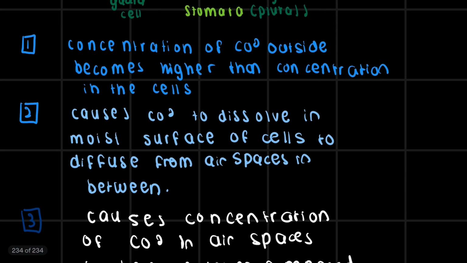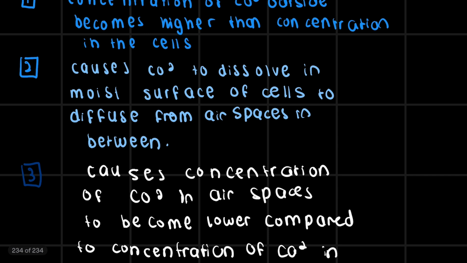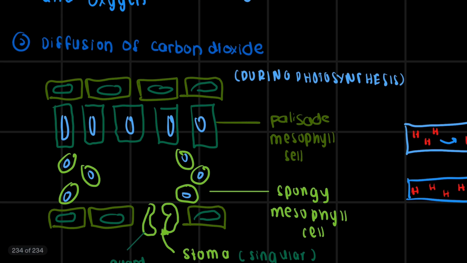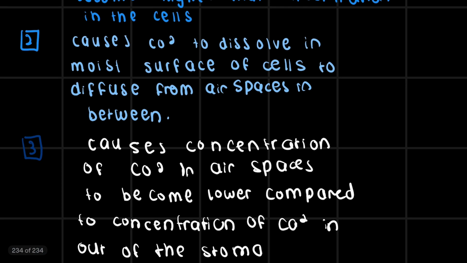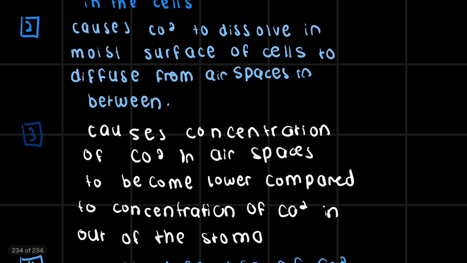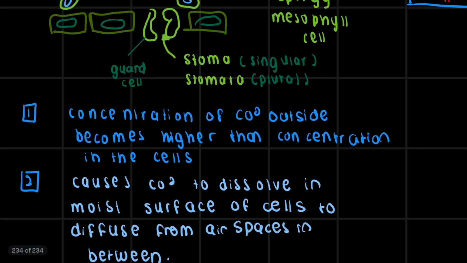So now it's through the moist surface. Okay, there's a moist surface here, so therefore it allows the carbon dioxide to dissolve through the epidermis. Okay, and this causes the concentration of carbon dioxide in the air spaces to become lower compared to the concentration of carbon dioxide outside the stoma.